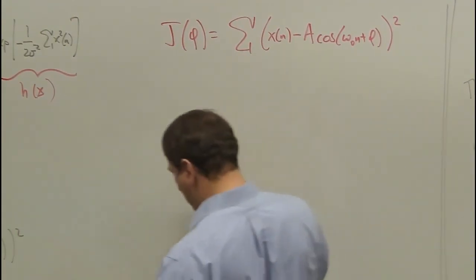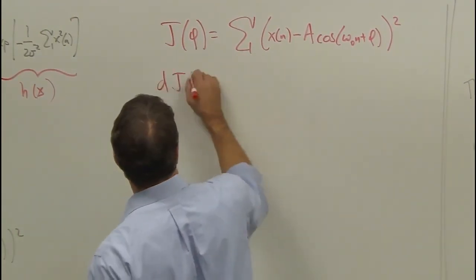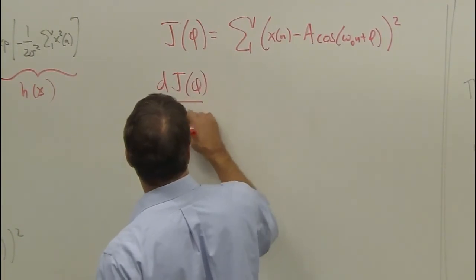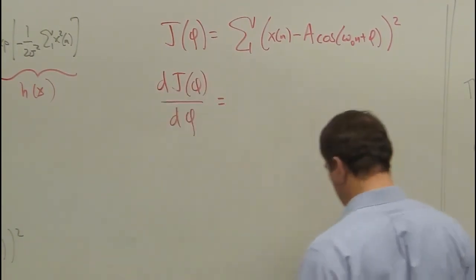So we take the derivative of J with respect to phi. And what do we get?